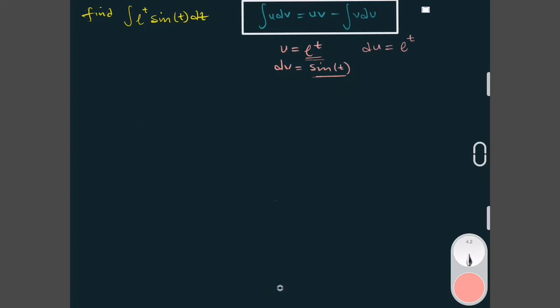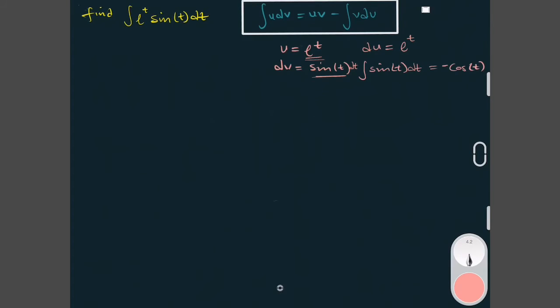And this tells us that the antiderivative of dv, the antiderivative of sine of t with respect to t, is equal to the negative cosine of t.